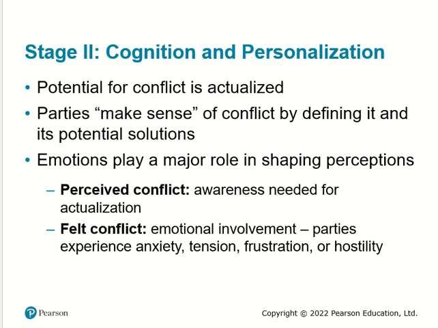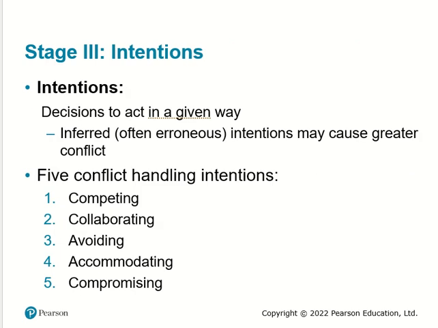So normally the parties will try to make sense of the conflict by defining it, and they will come to potential solutions. So when we are discussing conflict, emotions will always play a major role in shaping perception. Then it goes to stage 3. What are the intentions? Okay, so it reflects the decision to act in a given way.